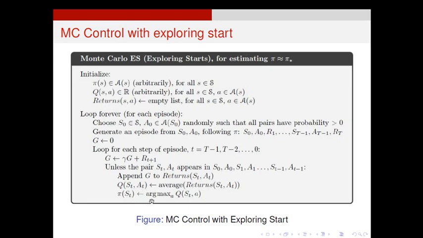Then pi of ST is equal to argmax over A of Q of ST, A. That means we calculate the state action value for all actions in that particular state ST. Then choose that action A. See, argmax A means I choose an action A which has maximum Q value. I repeat, choose the action A which has maximum Q value.